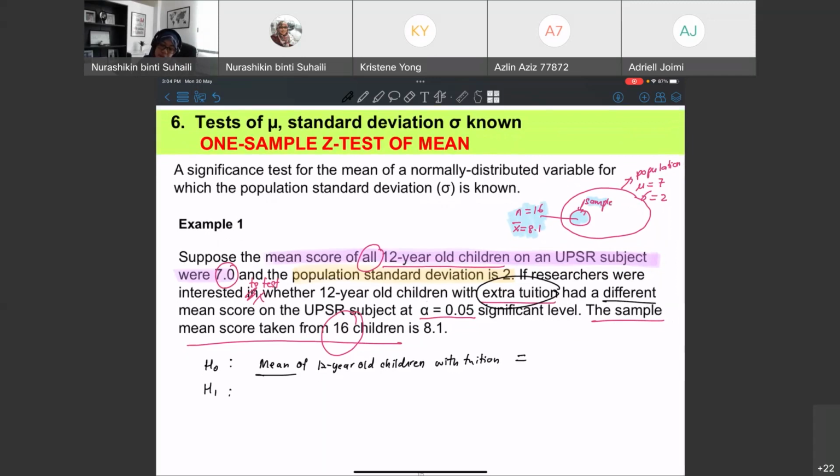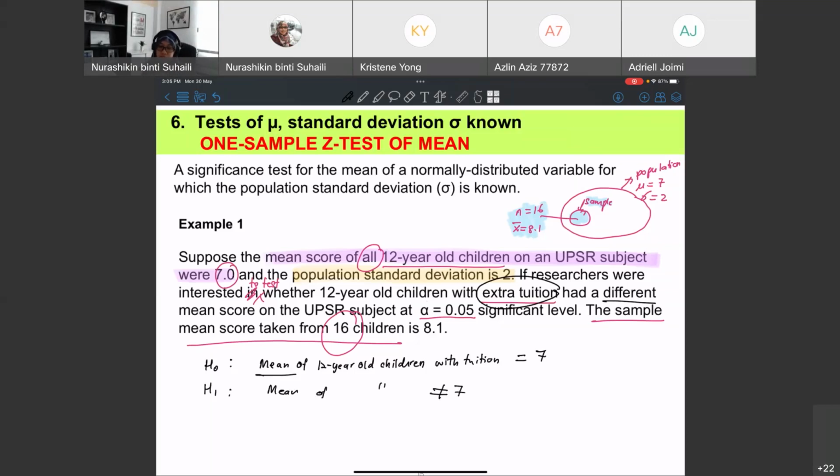Different means that your standard of comparison is the population. So it's equal to 7 or not. What I mean is, for the null hypothesis, there is no difference between the sample and the population, and the value given here is 7. Whereas for the alternative hypothesis, the mean is not equal to 7.